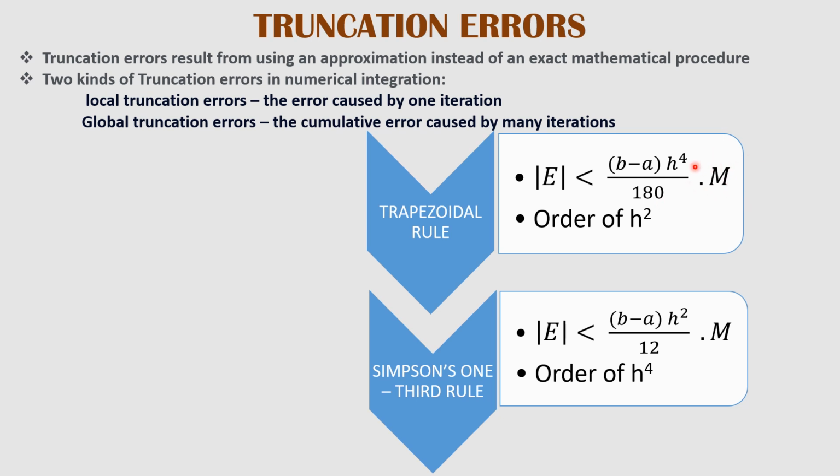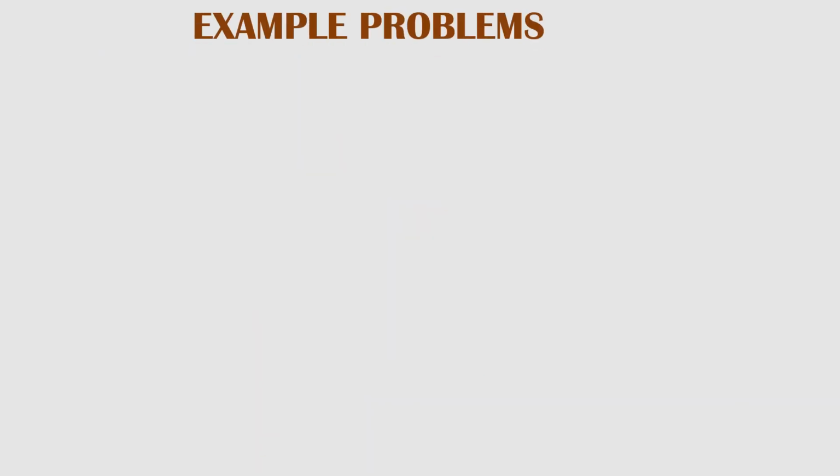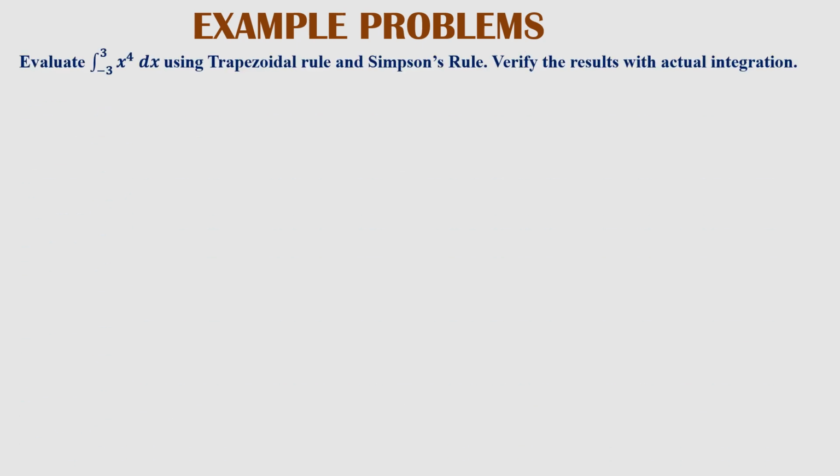Here m stands for the maximum value of y dash, y double dash, etc. And in the trapezoidal rule, the truncation error is of the order of h square, whereas in Simpson's 1/3 rule, the truncation error is of the order of h power 4. So we'll discuss some example problems using the above rules.